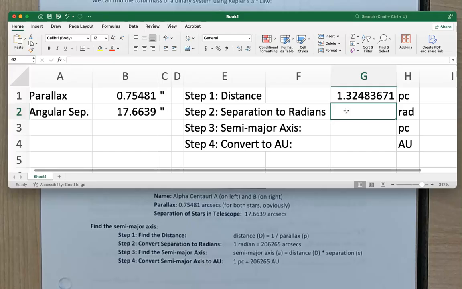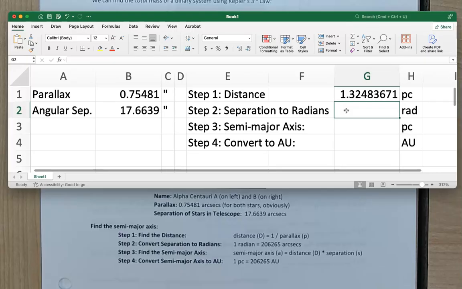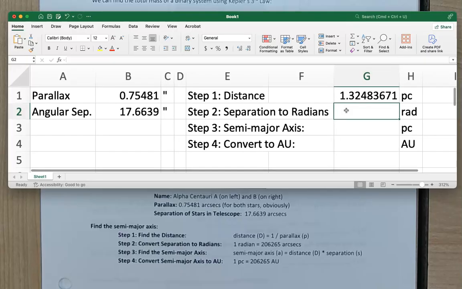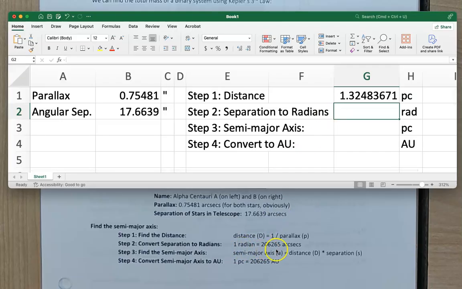How do you convert the angular separation into radians, right? Well, first off, we have to get the angle between the two stars into radians because it does make the math easier there in step 3. So, let's see. What do we know? We know that 1 radian equals 206,265 arc seconds.